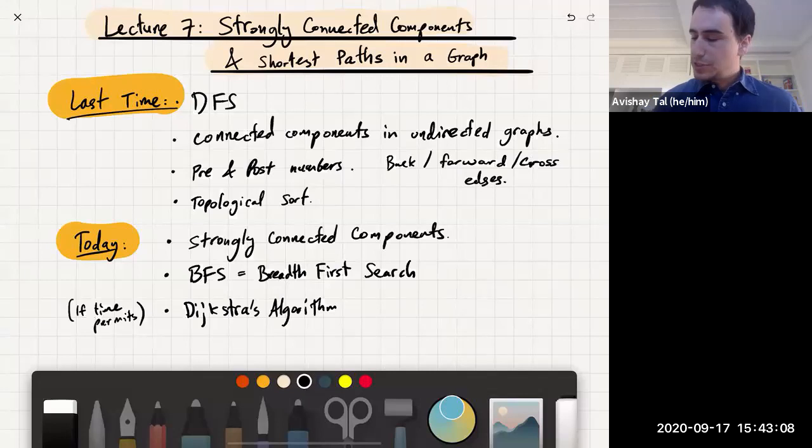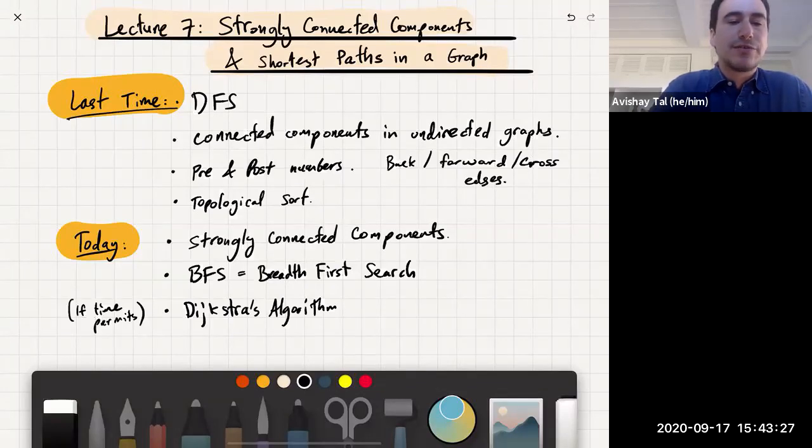All right, so just to recall what we did last time, we talked about DFS, depth first search. It's sort of like a meta algorithm that we can change a little bit and get several beautiful algorithms. We looked at the first version of DFS where we just marked which vertices are visited.